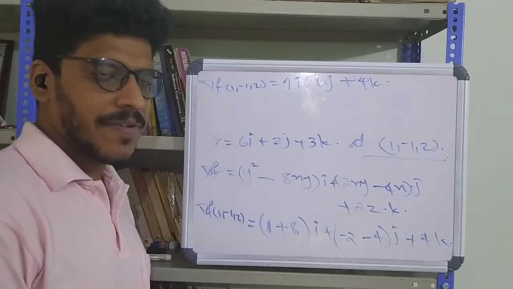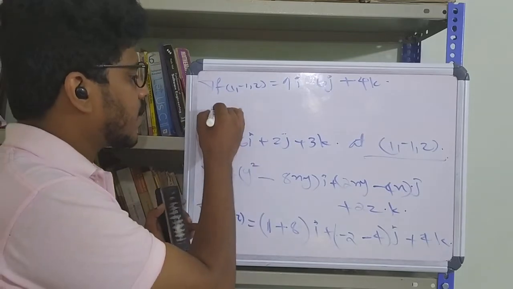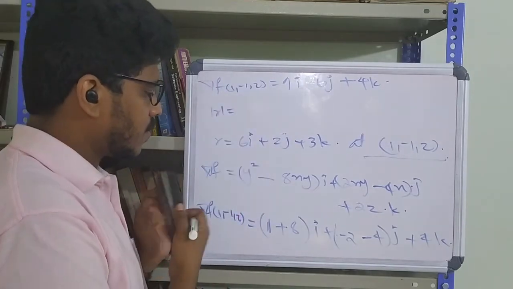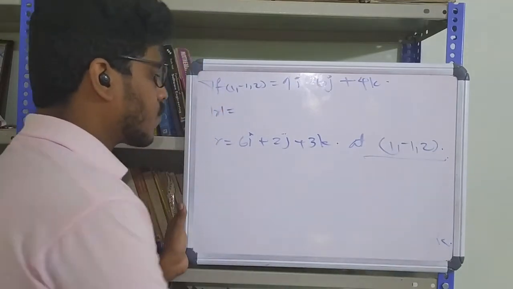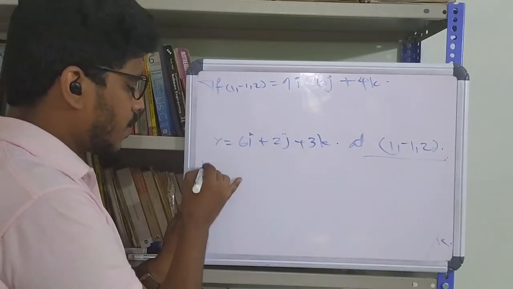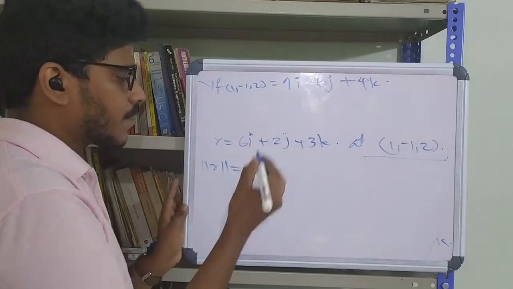Is this r a unit vector? Let's see. What is mod r? Let's clear this off, right? We have that information here. So what is mod r or norm r?